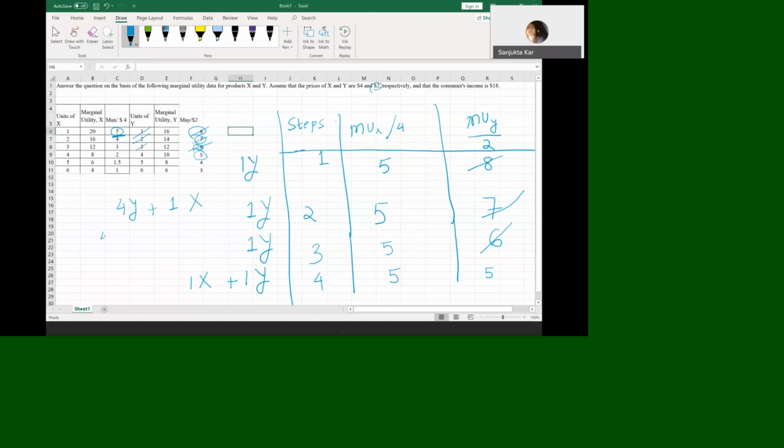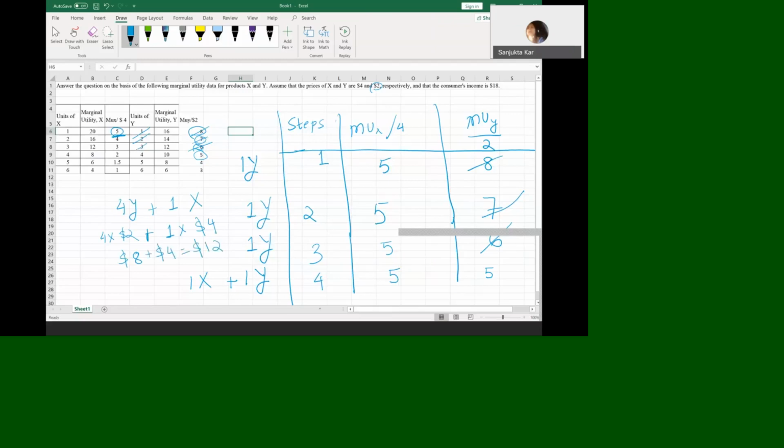With that, I'm going to add the price of X. Okay, price of X is equal to $4 here. So 8, so I have plus $4 dollars.